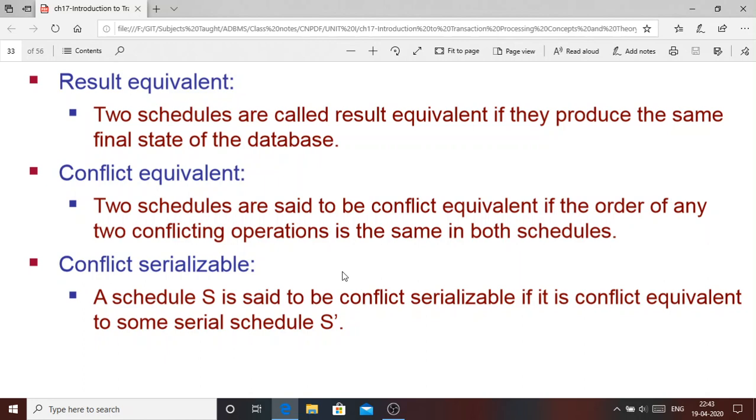Now, conflict serializable. A schedule S is said to be conflict serializable if it is conflict equivalent to a serial schedule. That means a non-serial schedule is conflict serializable if the conflicting operations in the non-serial schedule are in the same order as in a serial schedule. If that happens, then we have the advantages in the non-serial schedule of both interleaving of the operations as well as correctness.